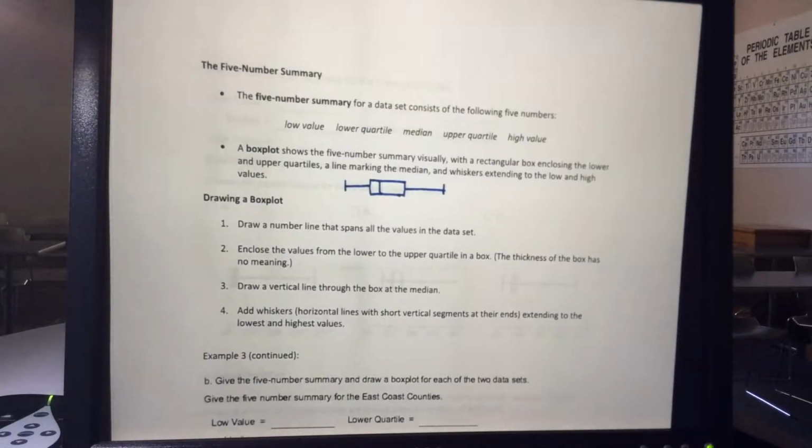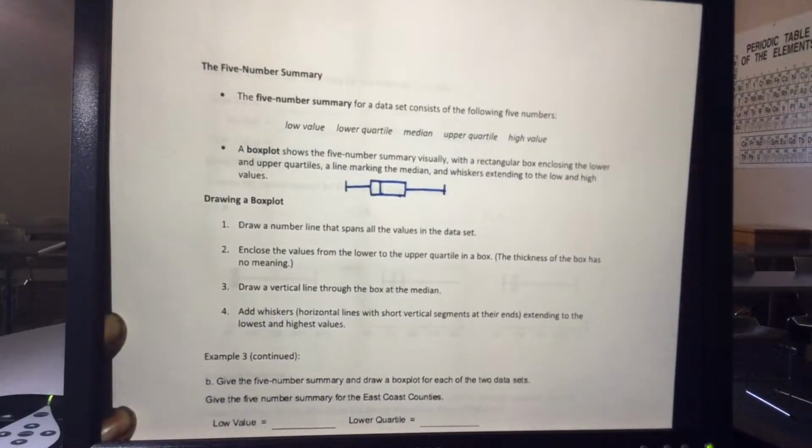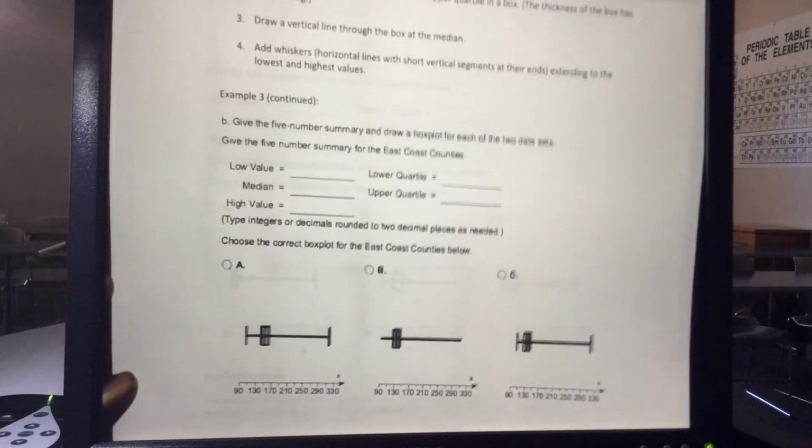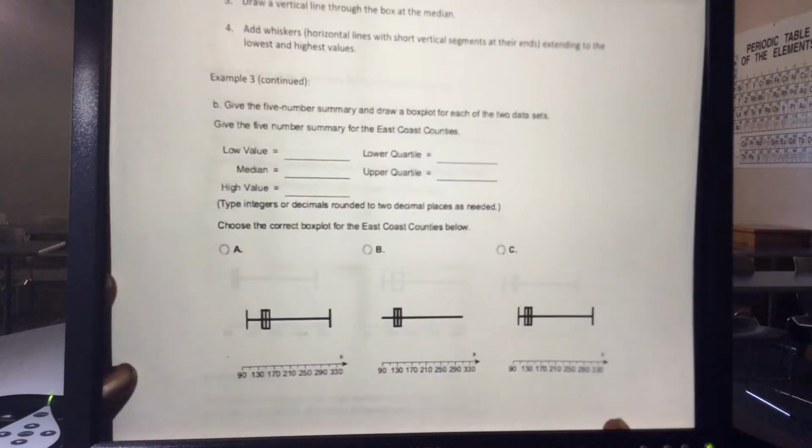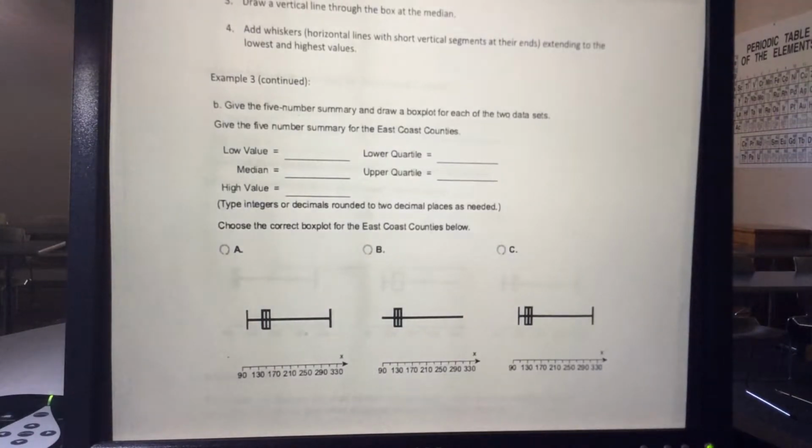Your whiskers are those horizontal lines with short vertical segments at their ends, extending to the lowest and highest values. All right, now, this is the continuation of example 3. And that deals with those East Coast counties and the Midwest counties.